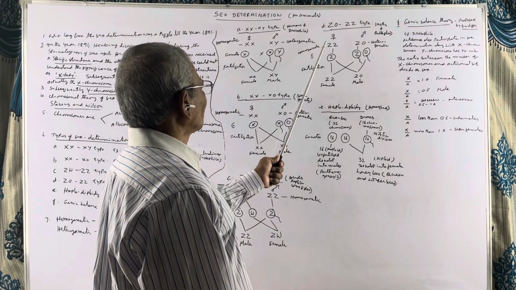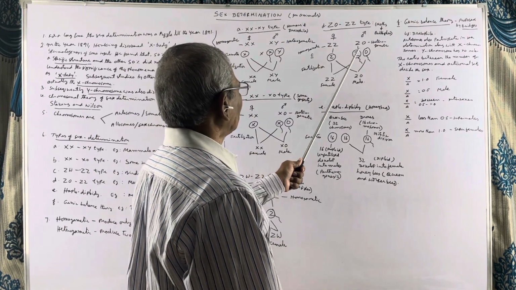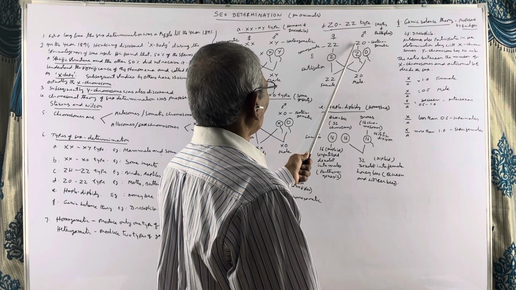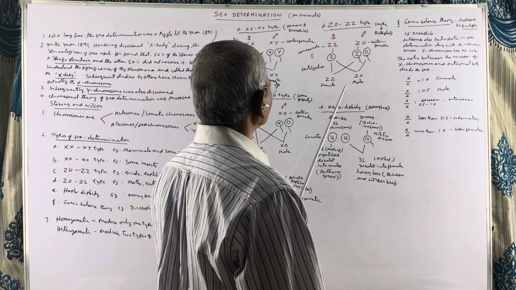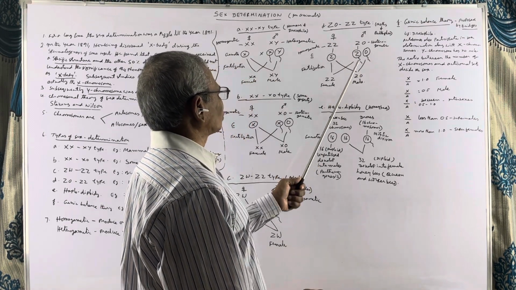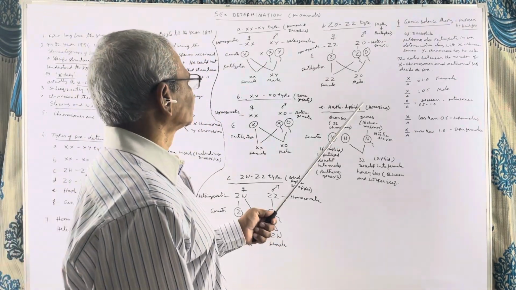So, females produce only one type of gamete, so they are homogametic. Males produce two types of gametes because they have only one chromosome Z. So males are heterogametic. So here, 50% of the sperms receive the Z chromosome, and the other 50% do not receive any sex chromosome.